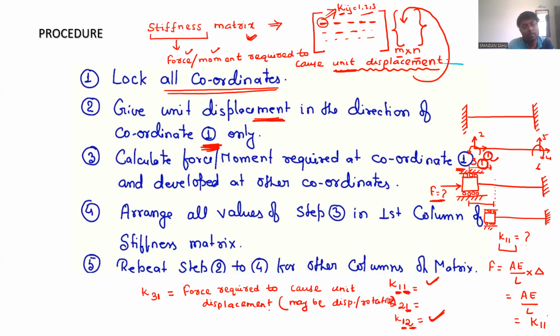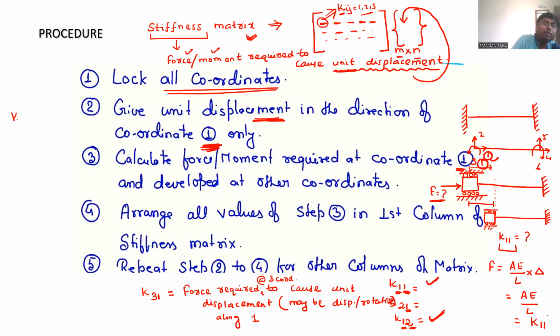Displacement or rotation along 1. So K31 means force required along coordinate 3 to cause unit displacement along which coordinate? 1. So this is the underlying statement.